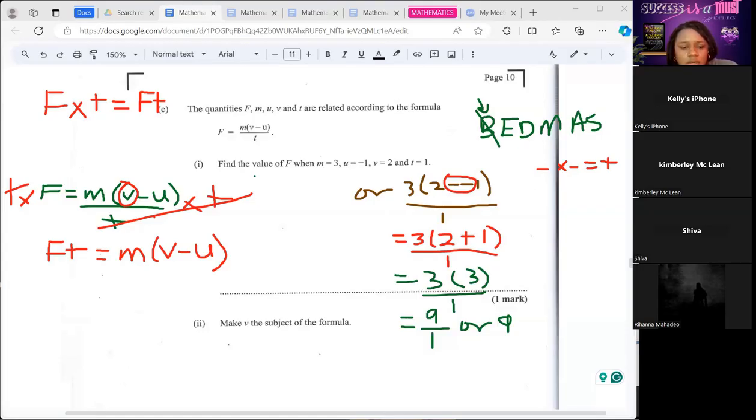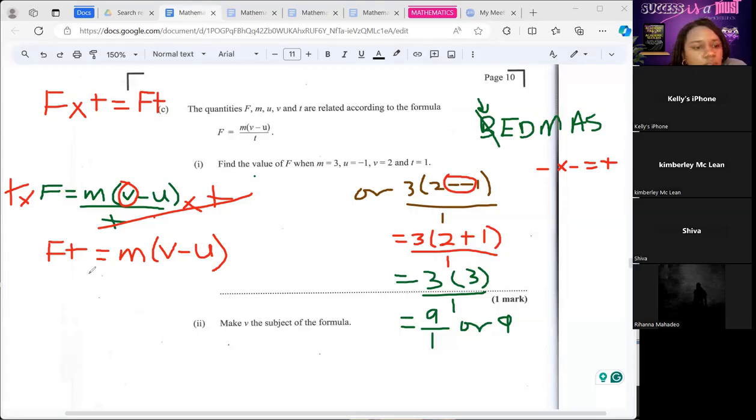Distribute. Correct. So you have to distribute. You can't just move the M without distributing because it's inside the bracket. If the M was outside the bracket, you'd do something else. But the M is inside the bracket. Therefore, you have to distribute.